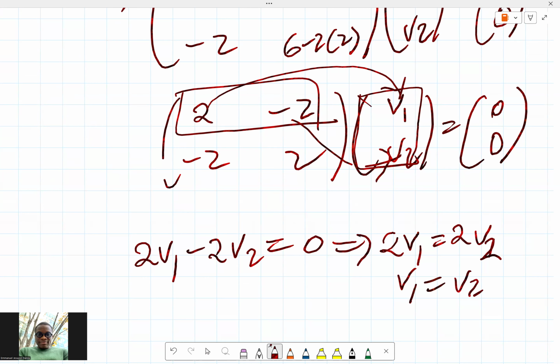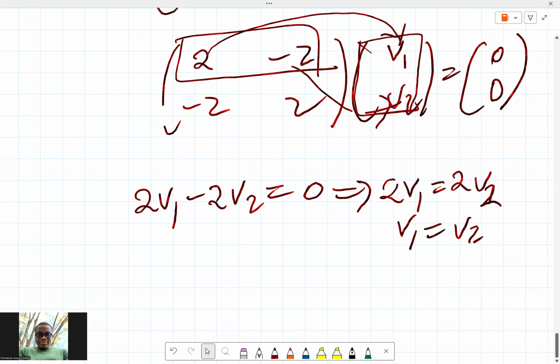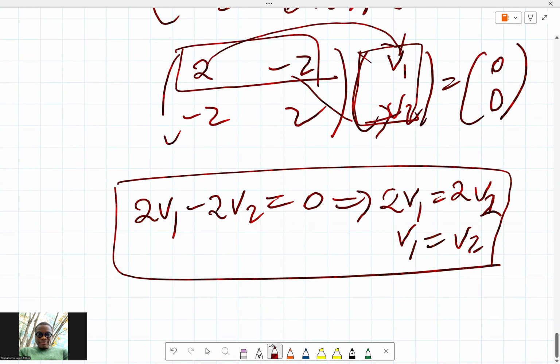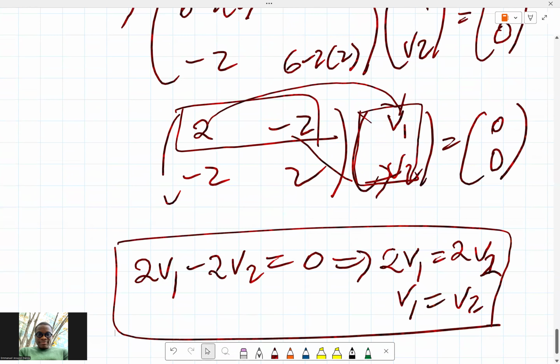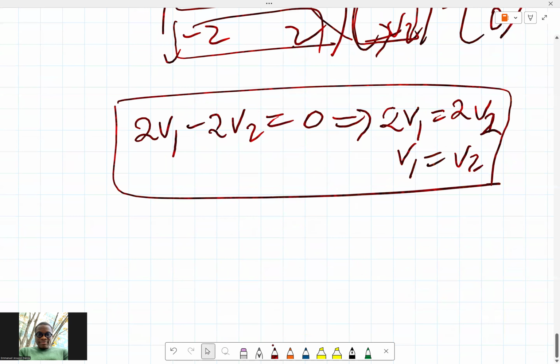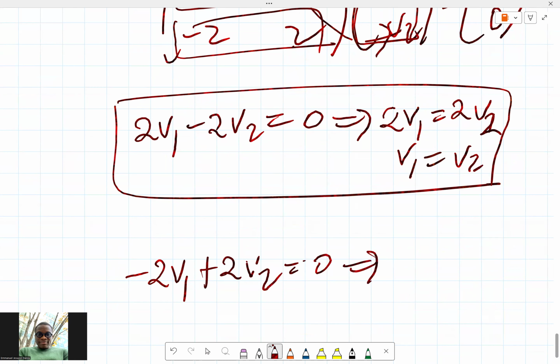If you do it for the other row, it's exactly the same thing. So this will be minus 2 times V1, then 2 times V2. That's minus 2 V1 plus 2 V2 equals 0. Again, that's still 2 V2 equals 2 V1.